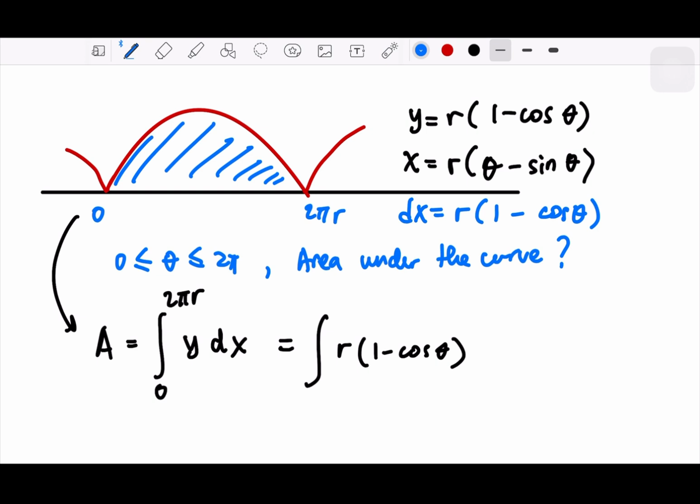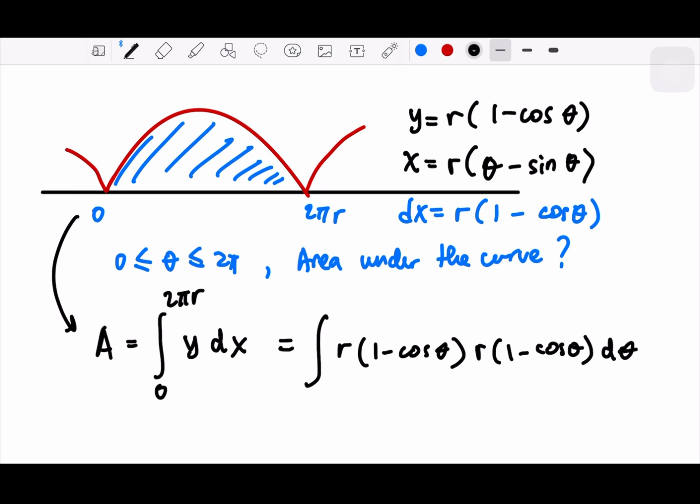It's impossible. So radius is just a constant. You derive that, and you end with the derivative, and then adding the theta.